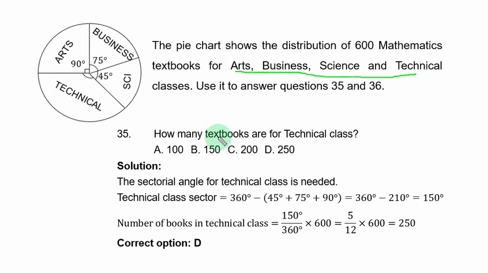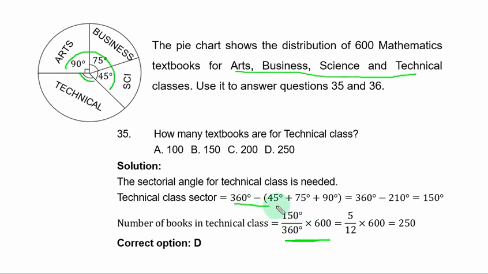Now, the number of textbooks for technical class is simply the sectorial angle for technical class over total angles in the circle times total number of books. That is what you have here. But from the question, the sectorial angle for technical class is unknown. To get it, you add the remaining three angles together, you subtract it from 360, total angles in the circle.